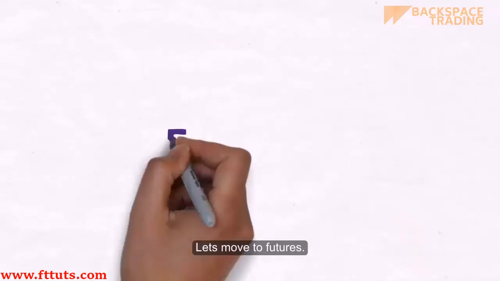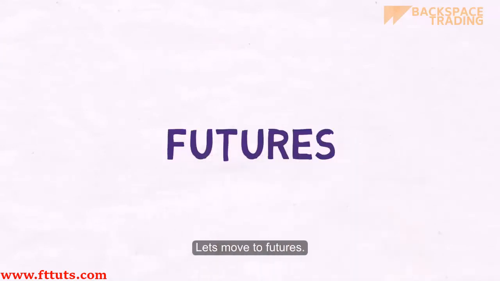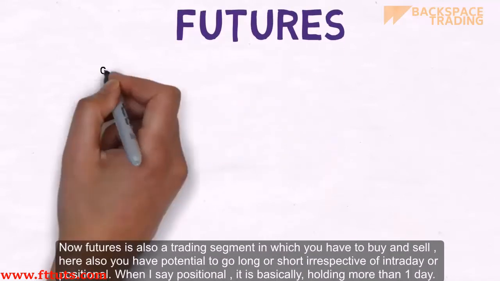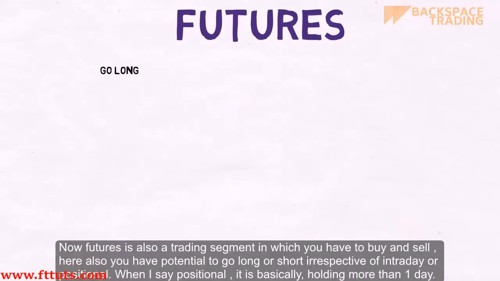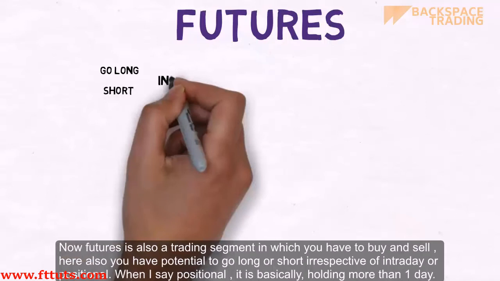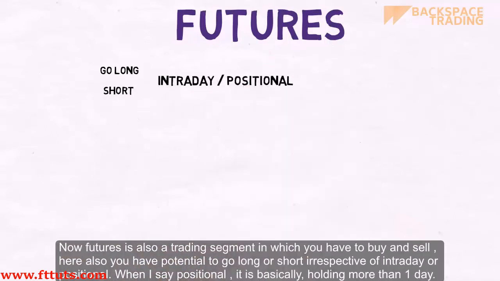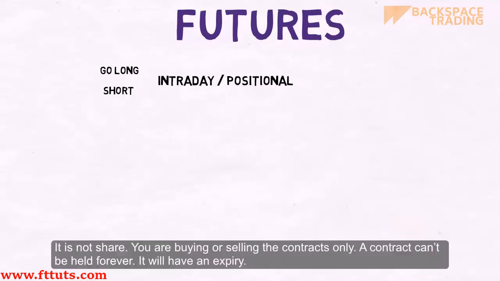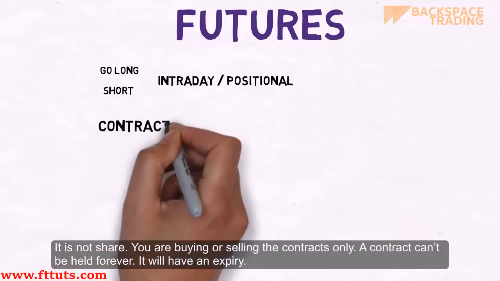Let's move to futures. Now futures is also a trading segment in which you have to buy and sell. Here also you have the potential to go long or short irrespective of intraday or positional. When I say positional, it is basically holding more than one day. Futures are contracts, okay, and these are not shares.